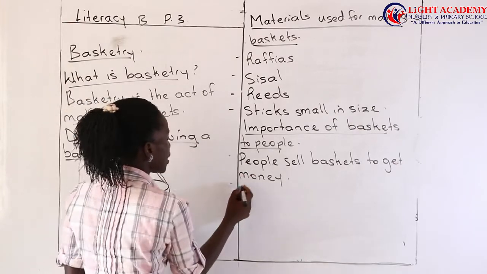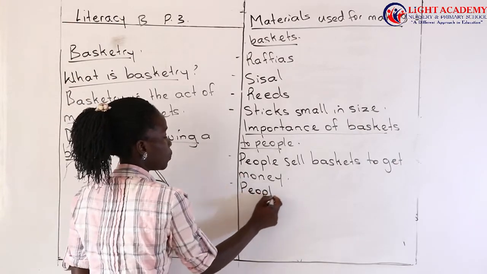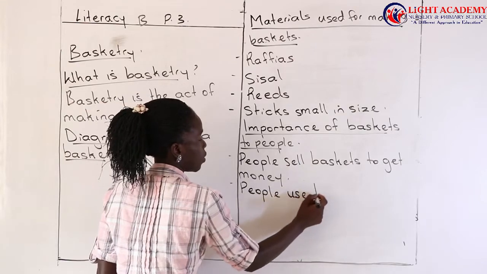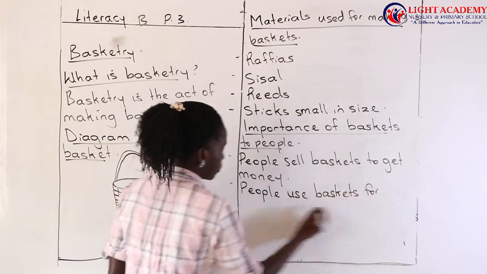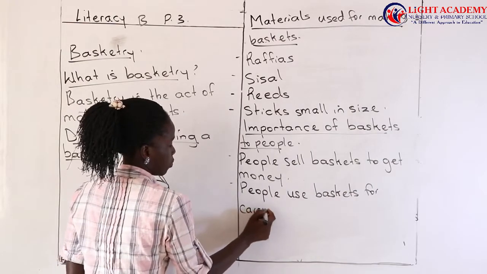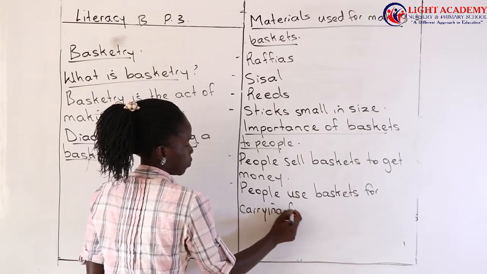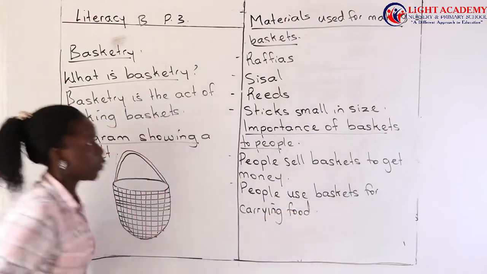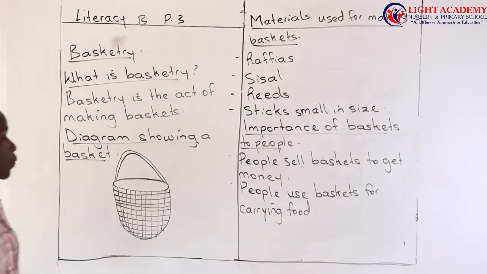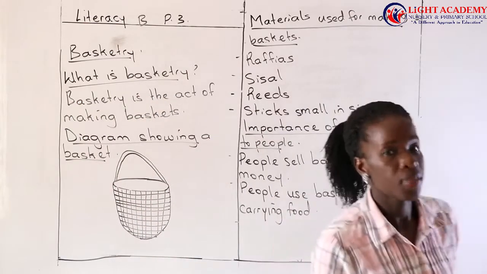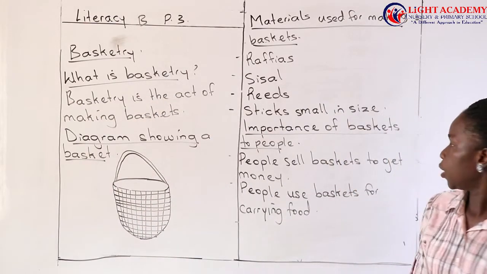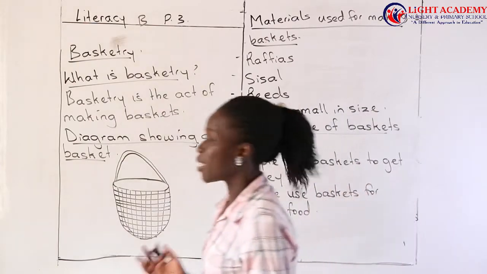People can also use baskets for carrying food. For example, you're going to visit someone, or you're going out for an outing, or a picnic, you can carry your food and put it in the baskets.